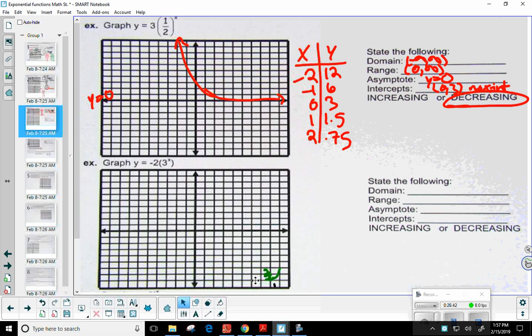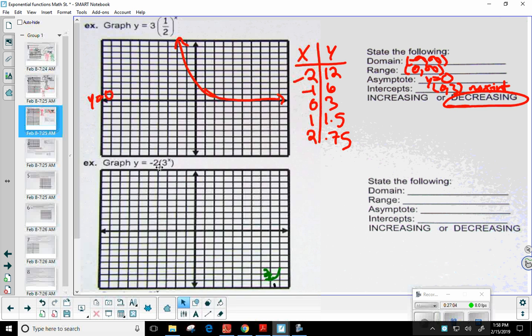All right. Well, let's say we go ahead and do one more, and then we will call it quits for today and continue this on Monday. So negative 2 times 3 to the x. Now this one has a transformation that we haven't seen yet.